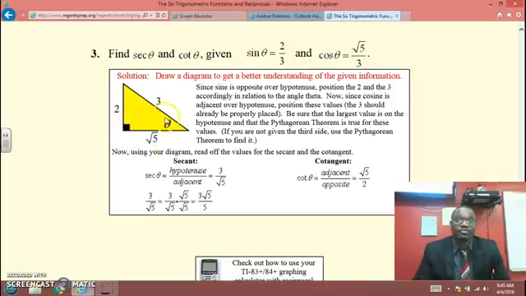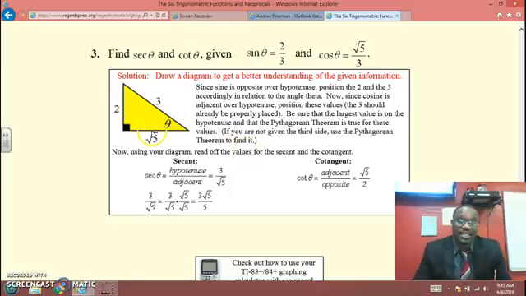That's how you fill this triangle out. Then don't forget what secant and cotangent are. Secant is hypotenuse over adjacent, and then they rationalize. Cotangent is adjacent over opposite.